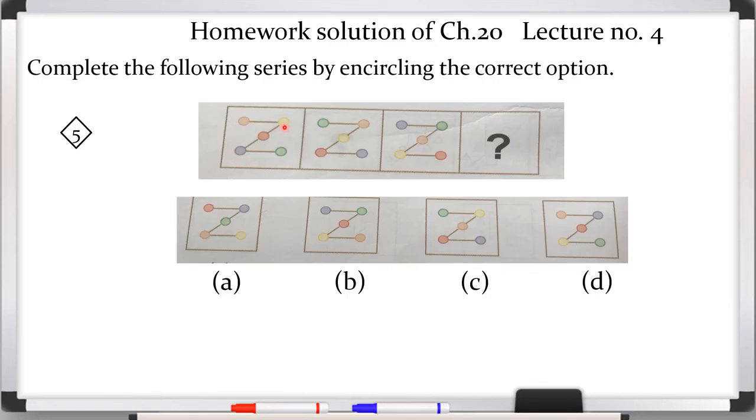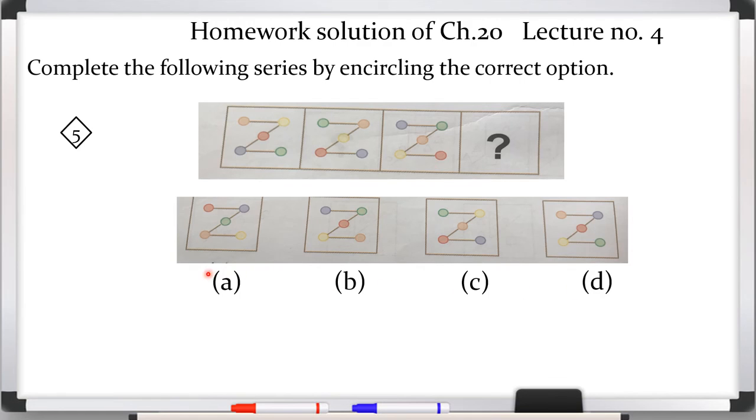Here this yellow color is at the right hand side, then in the next figure it comes down in the mid side, and then in the next figure it comes down at the bottom part. So now it should be at the right hand side, yellow color.